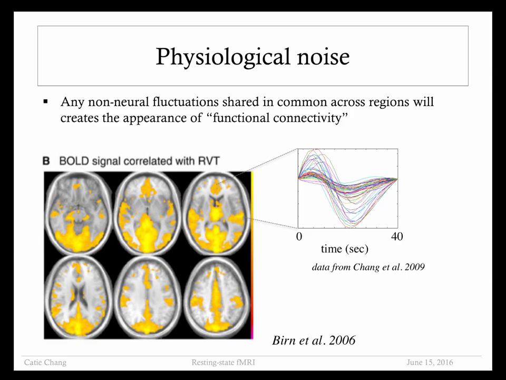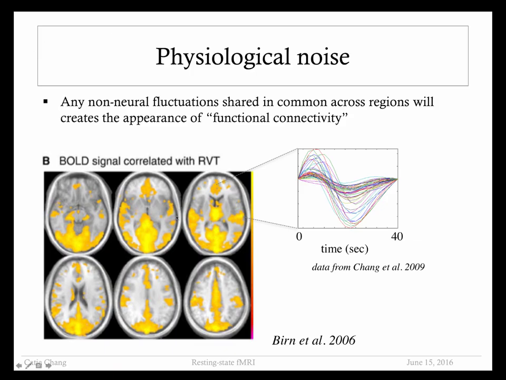So this is an example of a non-neural effect that can influence functional connectivity: physiological processes like breathing and heart rate, which have been referred to as physiological noise. If you have a process like breathing that tends to influence many different regions of the brain in common, then this could create spurious functional connectivity.